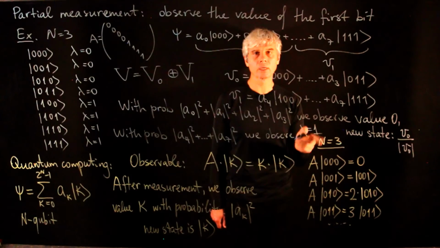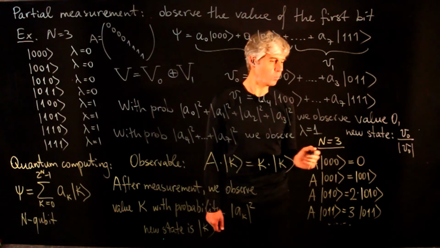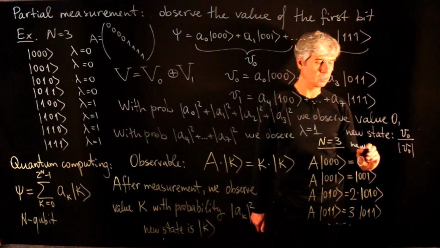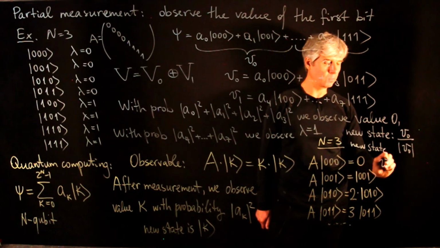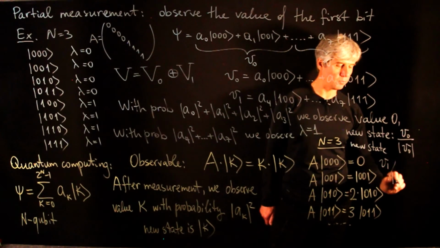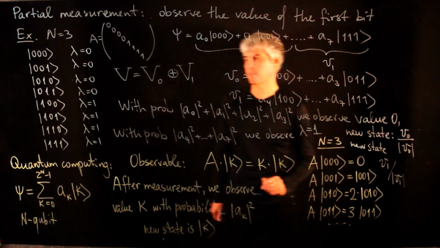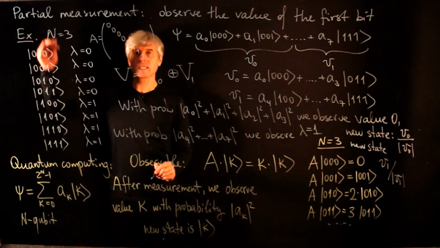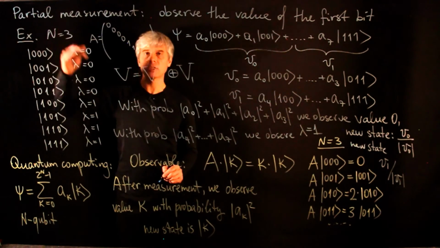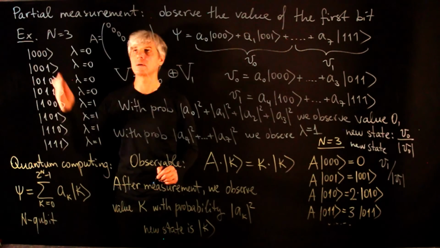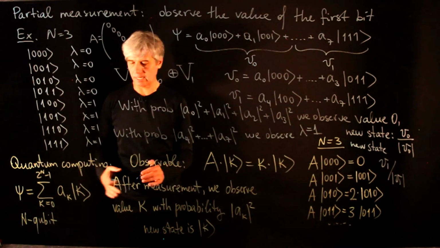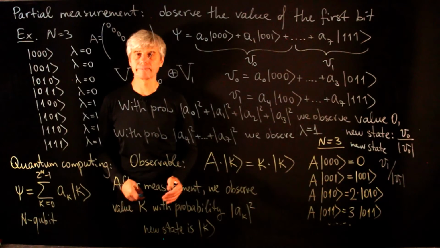So the outcome of our observation will be value 1, and the new state will be V1 divided by the norm of V1. So this is how the partial measurement will work in the setting of n qubits.